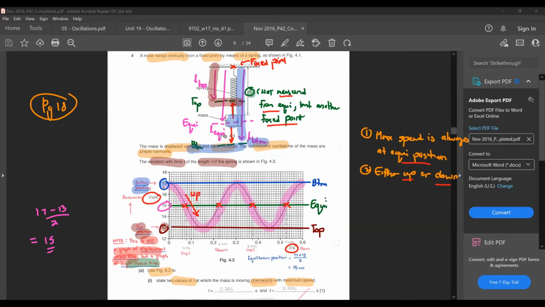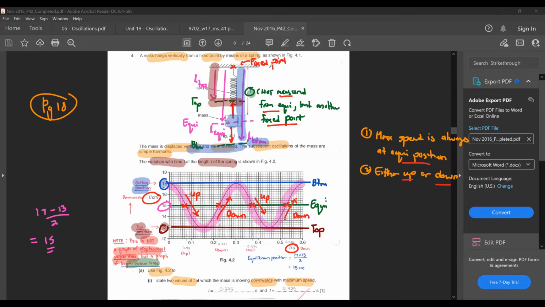This one is from top going to bottom, so this is going down. And then this one is the same: from bottom to top, this is going up. And this one is from top going to bottom, so this one is going down.